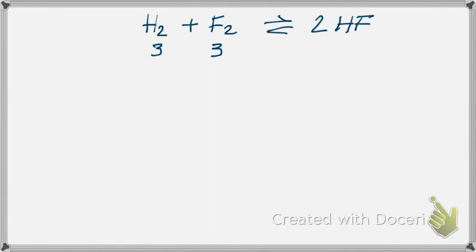So let's do exercise 11. Here we have hydrogen and fluorine gas reacting to form hydrogen fluoride gas. So we have H2 plus F2 yields 2HF. Okay? And they tell us that we have 3 moles of each component, so 3, 3, and 3. It tells us that K is 115.